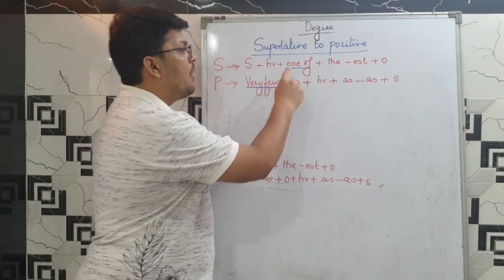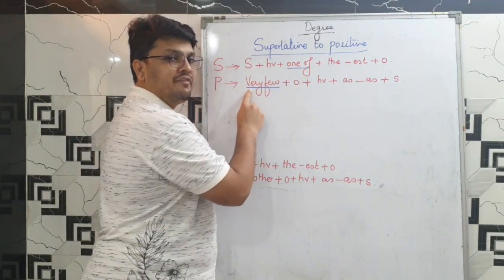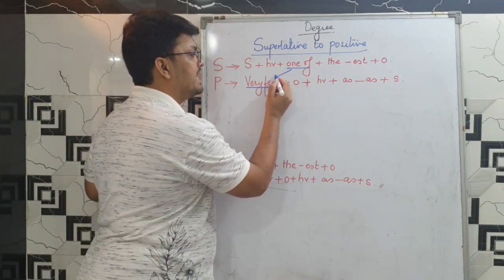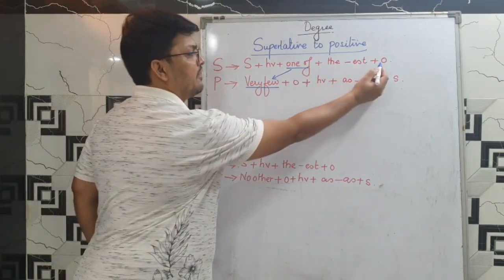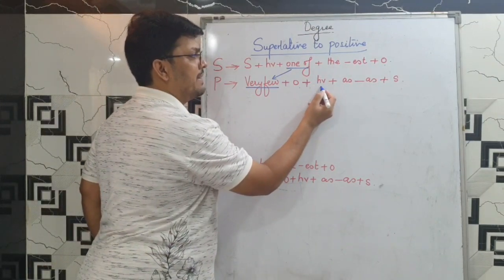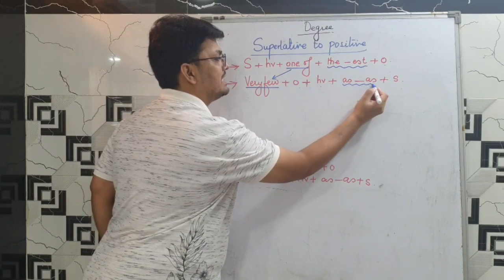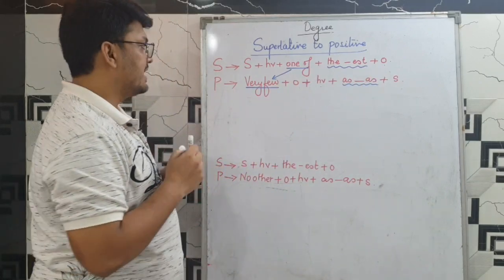If you see one of in superlative degree, begin positive degree with very few. So whenever you see one of in superlative degree, you will begin positive degree with very few, then that follows with object plus helping verb, then the est will change into as, and then the subject will come over here. Let's take an example.